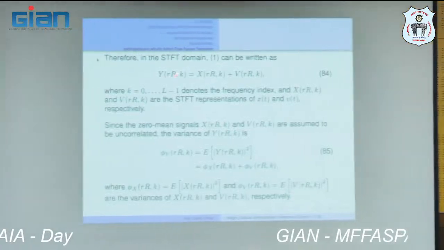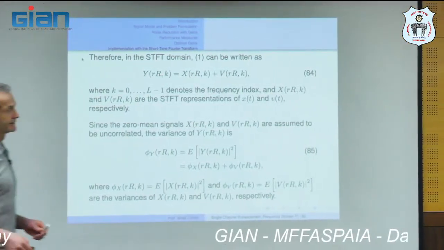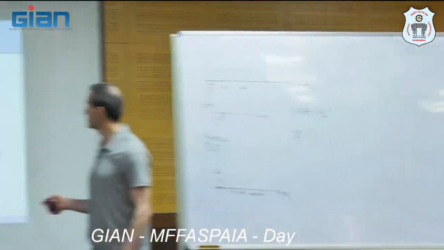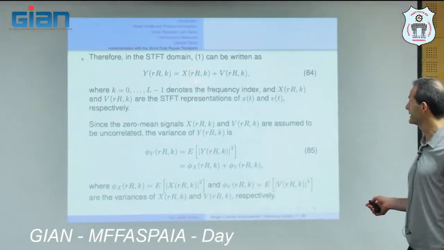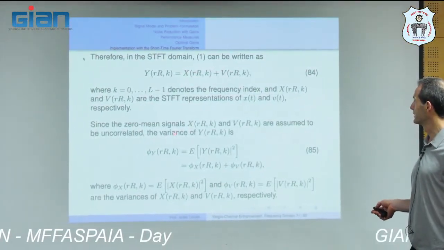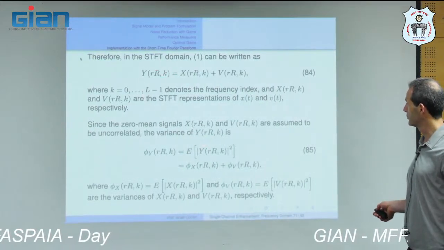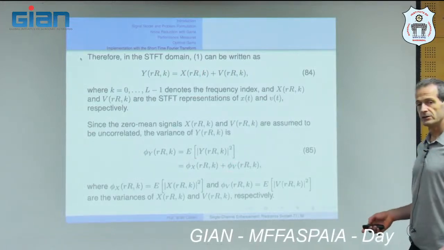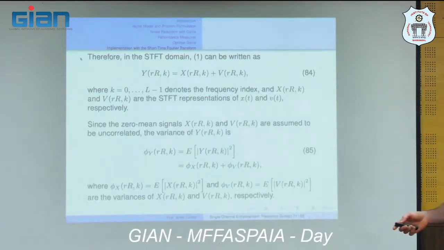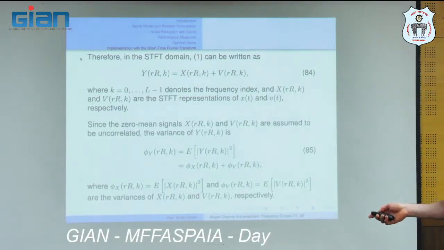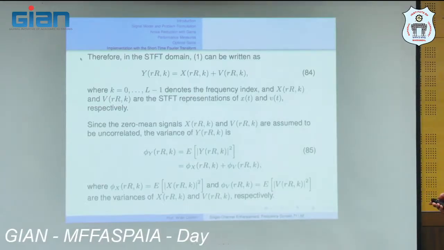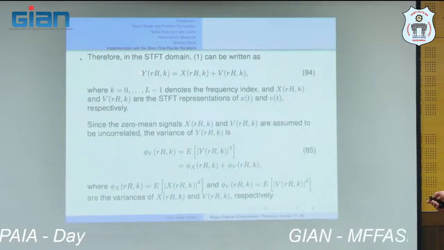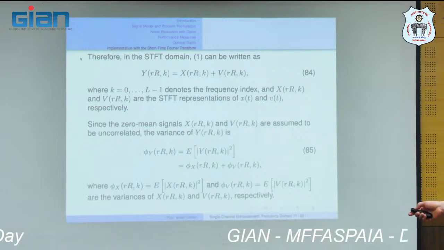So for each measurement, each sample here, the complex number is the summation of the complex number of the STFT of the clean signal and the STFT of the noise. And then we can compute the variance of the measurement. It contains the variance of X and the variance of V. So you see the equivalence between the Fourier transform domain and the STFT domain. So what we can do is to apply a scalar complex gain to each pixel here, to each value here.